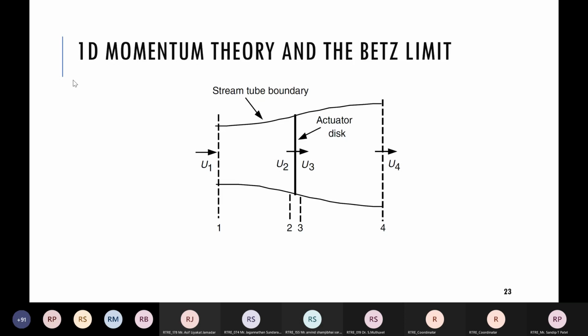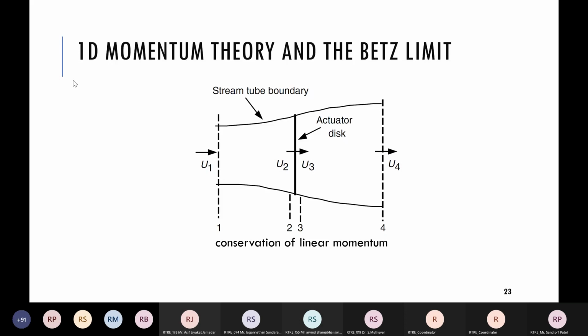So U1, U2, U3, U4 are the different velocities at different places. At the entry it is U1, and at the exit it is U4. Just before the wind turbine it is U2, and just after the wind turbine it is U3. Before the wind turbine, the portion is called the upwind portion, and after the wind turbine, the portion is called the downwind portion. Fine. So let's apply the conservation of linear momentum.